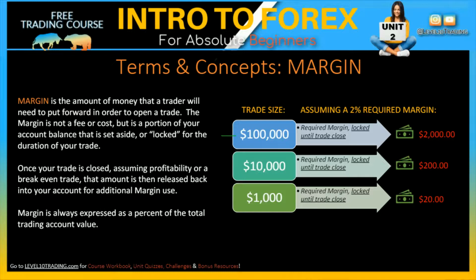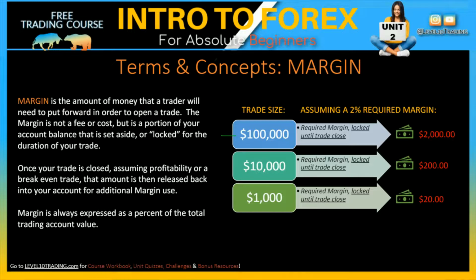It is a portion of your account balance that the broker is going to set aside, or that is going to be locked for the duration of your open position, in order to ensure that you can cover the potential loss of the trade. Once your trade is closed, the margin that was set aside is now unlocked and usable again for you to open new trades.